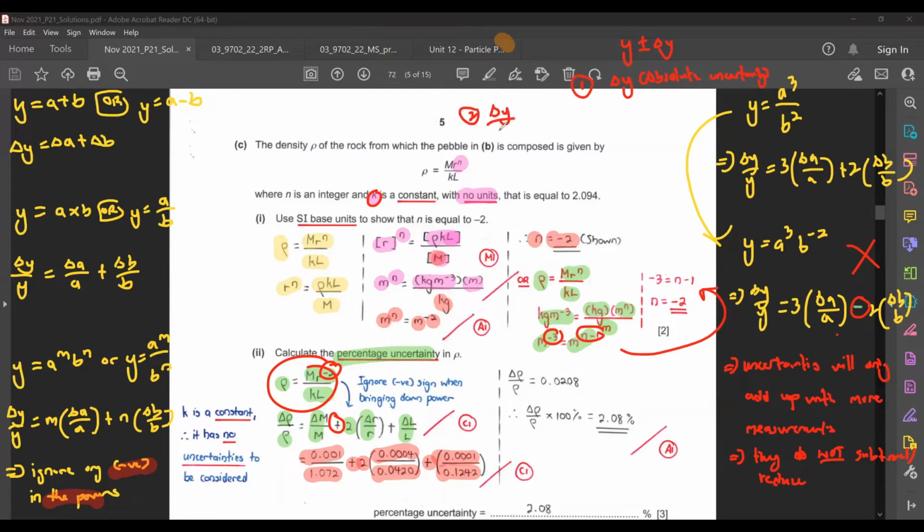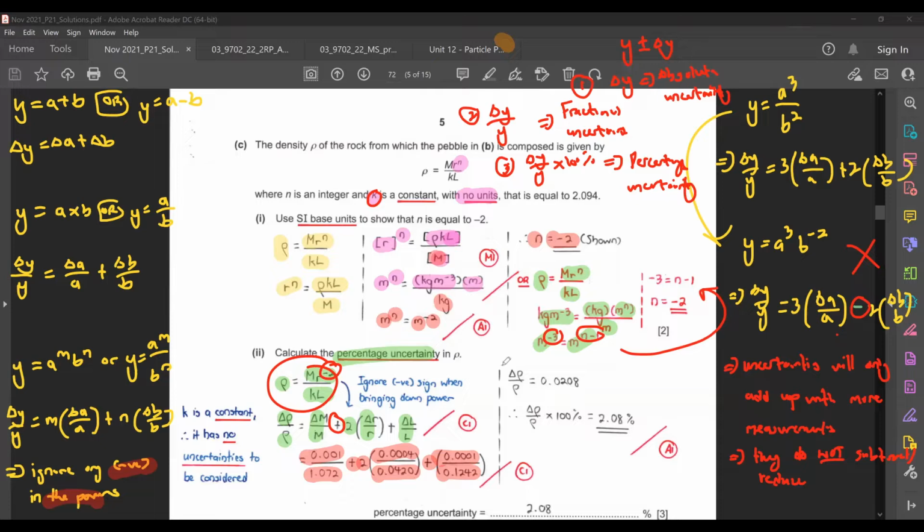Number two, delta y over y is known as your fractional uncertainty. And then the last one you would learn is percentage uncertainty. These are the three different types of uncertainty that you would be using.